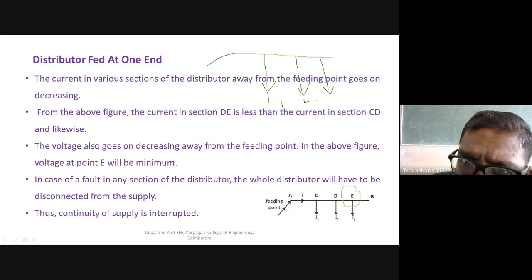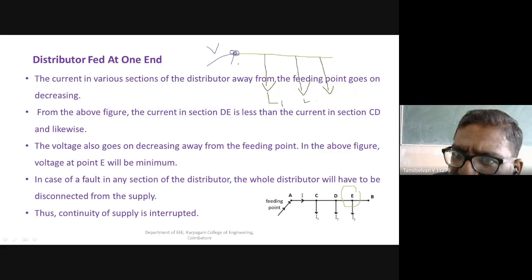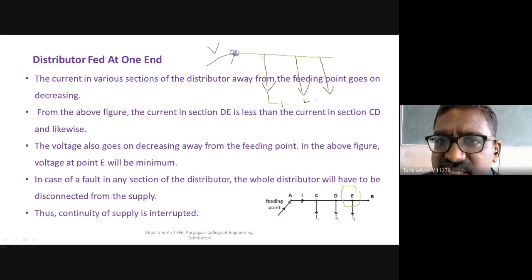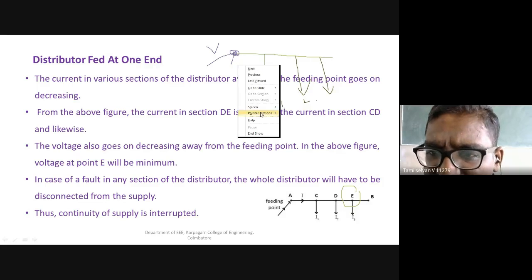The power is fed at this point, where V is applied. As it supplies, the current will flow through our circuit.